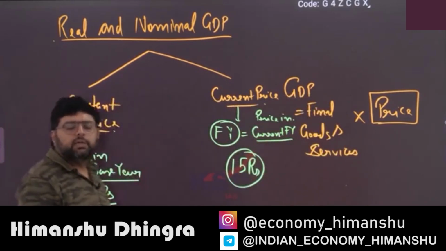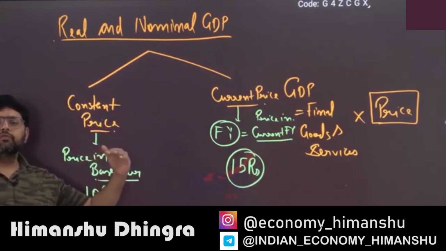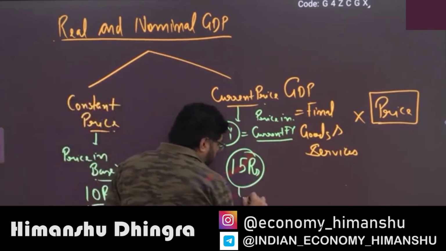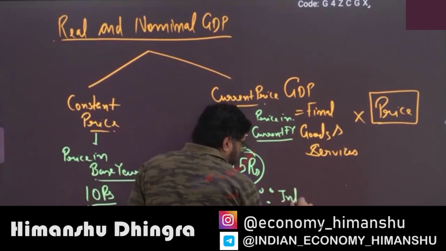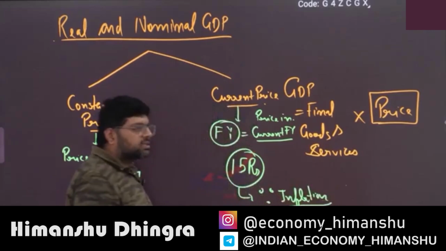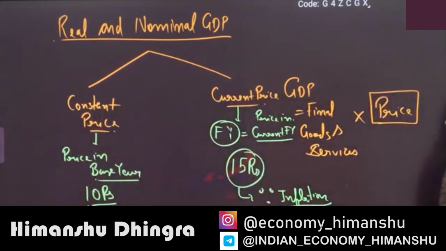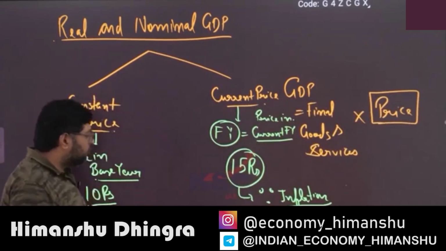We assume, as I told you yesterday, that every year there is inflation of 4 plus minus 2%, and you know that inflation is required. So because of inflation, the price is 15 rupees. So we have two prices, 10 rupees and 15 rupees.